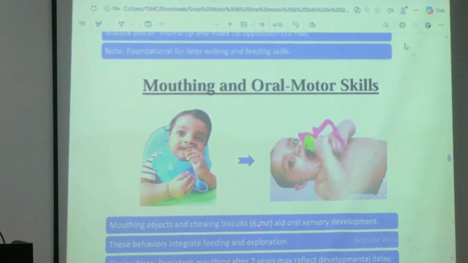Ulnar grasp at 6 months I've told you. Then he can grasp, maybe it is crude, he can grasp. He will put the thing in his mouth. So, chota bacha, you will see everything he puts in the mouth. See his mouthing. This is called mouthing, oral motor skill. Mouthing objects and chewing starts at 6 months.